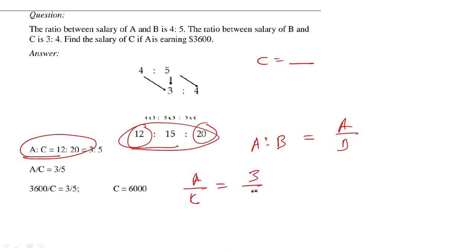Here the ratio is 12 and 20, and we reduced it by dividing by a common number. Every ratio we have to divide by a common number to reduce it to its reduced form. So A to C is equal to 3 upon 5, and from here we can calculate C as 5 into A divided by 3. This is the simple form, and the value of C is 6000. You can solve these questions to practice more.